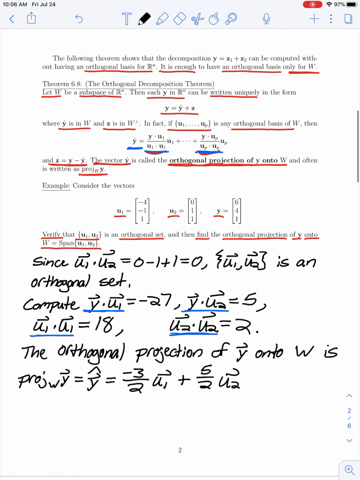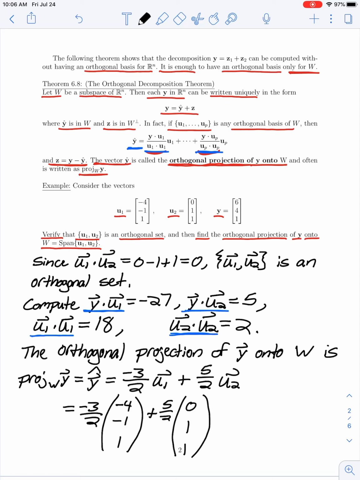Now we know what u1 and u2 are equal to. So here we have negative 3 halves of u1, which was negative 4, negative 1, 1, and then plus 5 halves of u2, which was 0, 1, 1. So for our first component, we have a positive 12 halves, or 6.